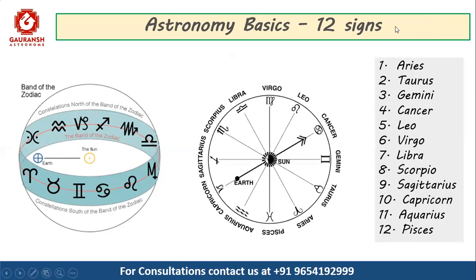So the signs we start with: the first sign is Aries, then we have Taurus, then Gemini, the fourth is Cancer, then we have Leo, sixth is Virgo, seventh is Libra, eighth is Scorpio, ninth is Sagittarius, 10th sign is Capricorn, the 11th sign is Aquarius, and then the last is our Pisces.